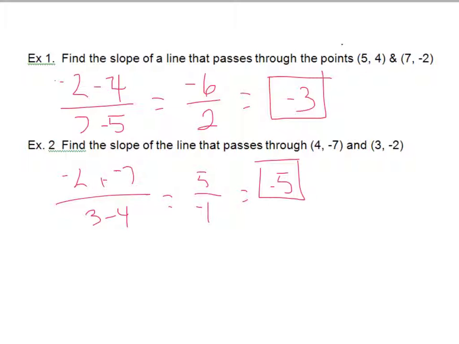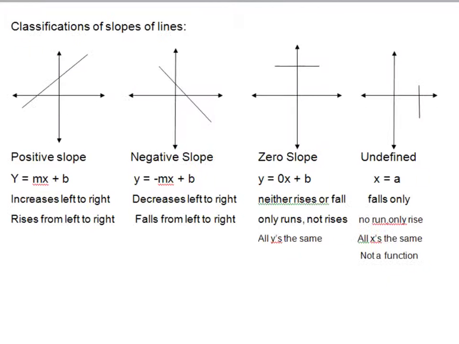Now, this slope is steeper than that one. This one is falling at a faster rate than that one. So at Schlitterbahn, I would personally much rather ride this one than that one because I like the faster rides. My son, who's a scaredy cat, would like to go on that one. He doesn't like the fast rides.